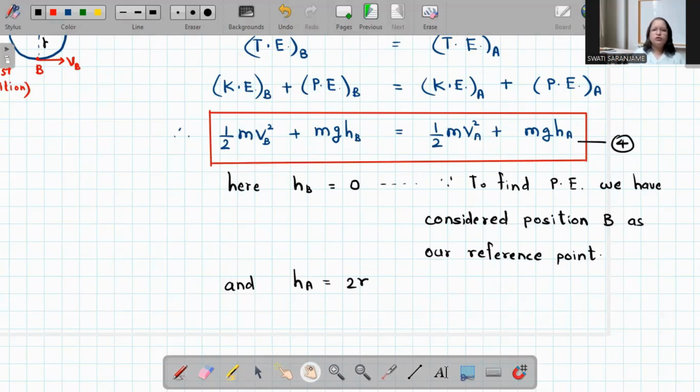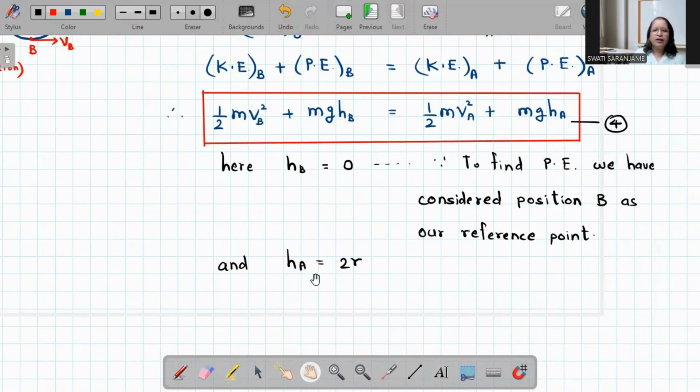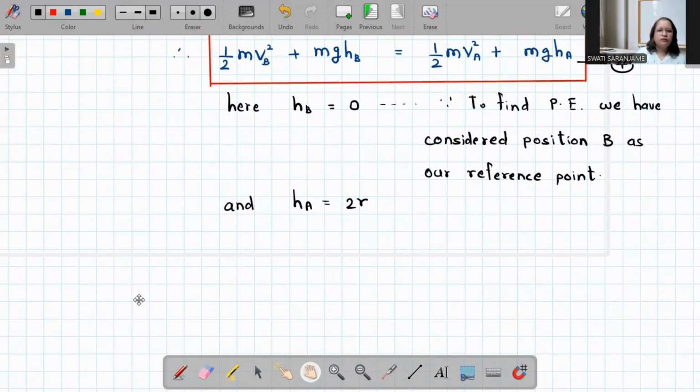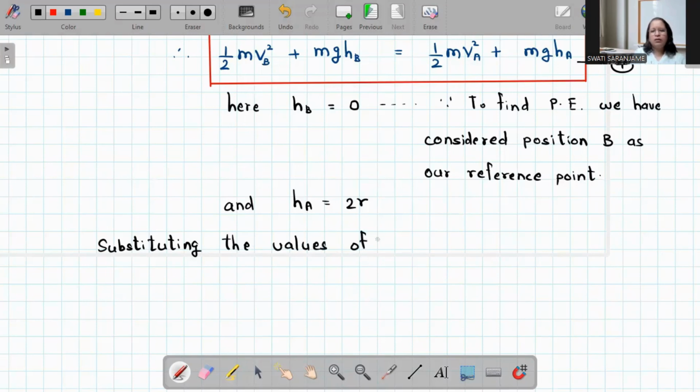Substituting the values of HB and HA in equation 4.